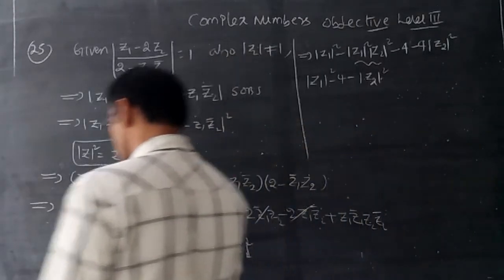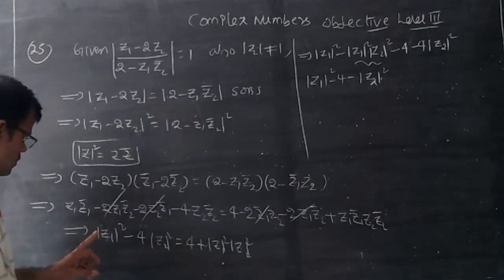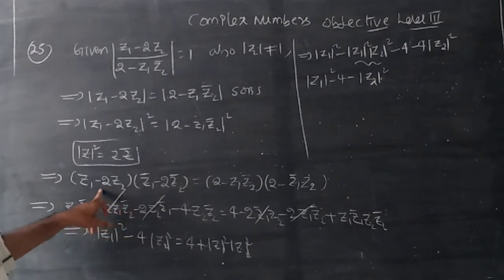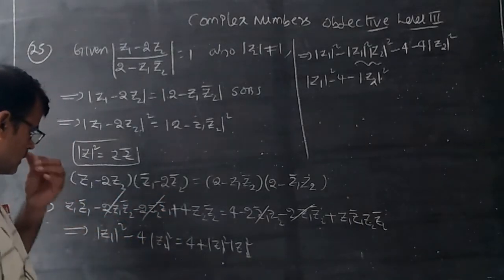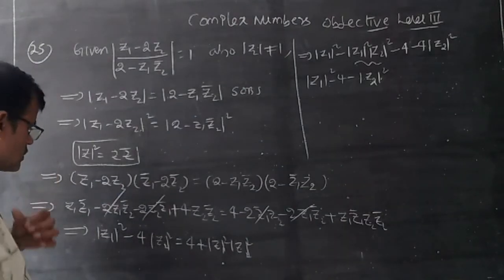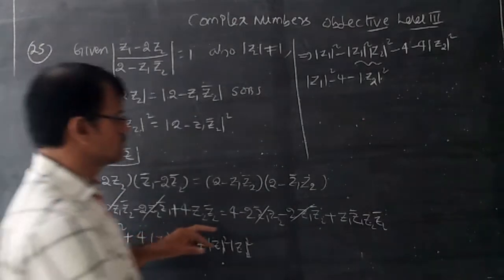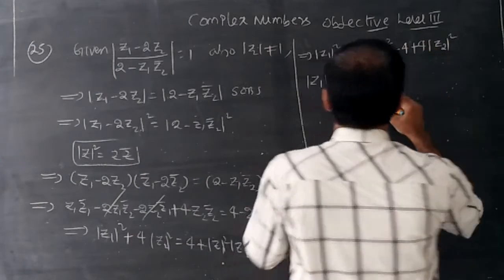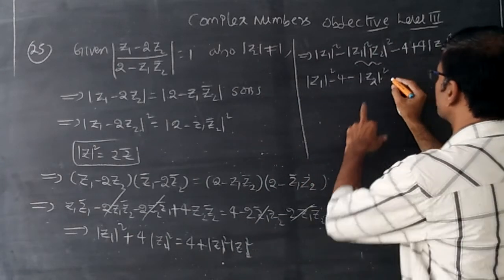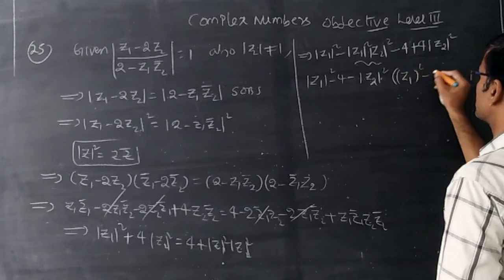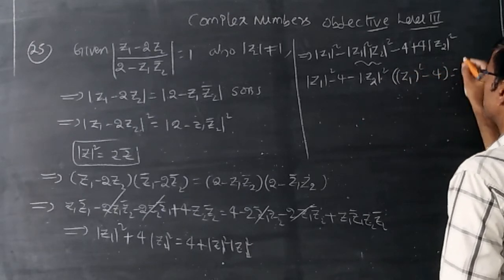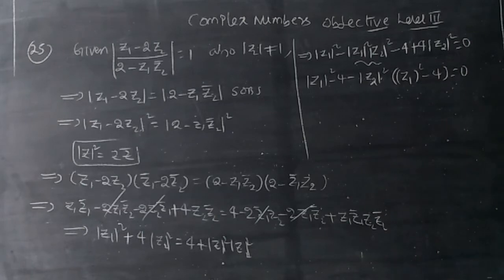There may be some mistake. Modulus of z1 square, this is minus of minus 4 plus 4, so this is plus 4. Now modulus of z1 square minus 4, and take common modulus of z2 square within brackets: modulus of z1 square minus 4 equal to 0.